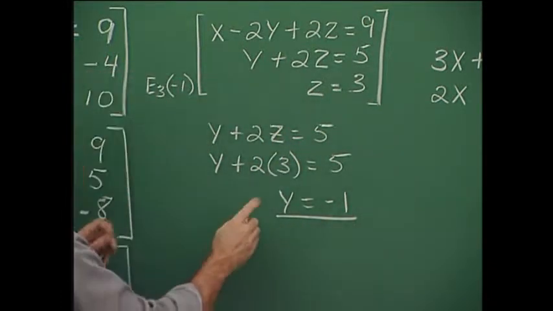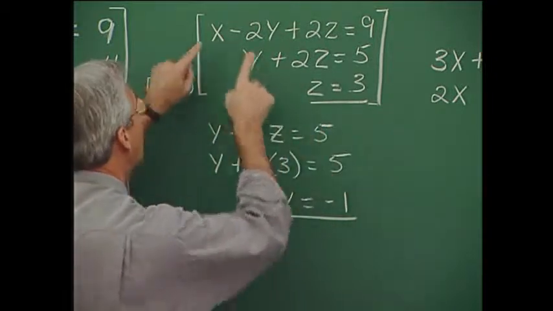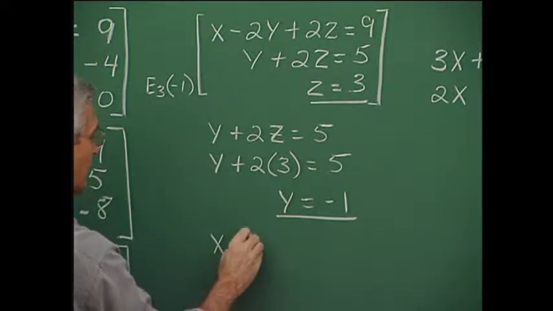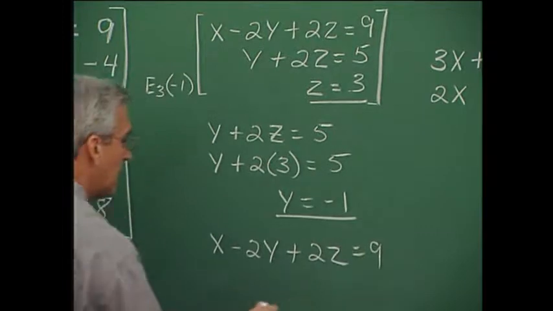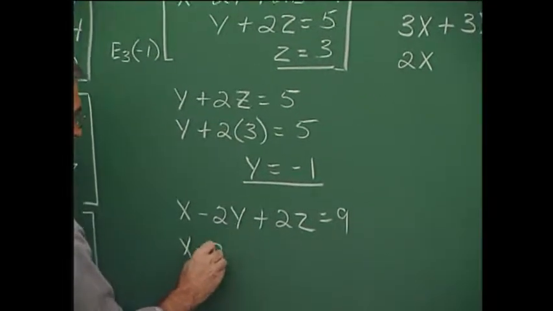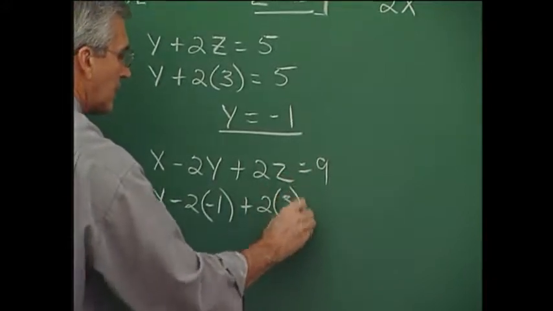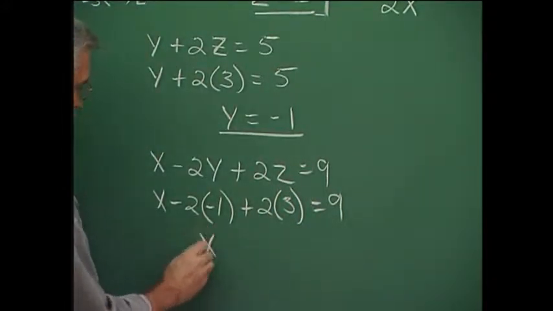Now, our last row is in great shape, and our second row is in great shape. So we have 0, 0, 1, 3 for row 3, and then 0, 1, 0, negative 1 for row 2. Now we'd like to cause this entry to become a 0, and we're working with these two rows. So it's 2 times the 1, you see, and then plus the negative 2.